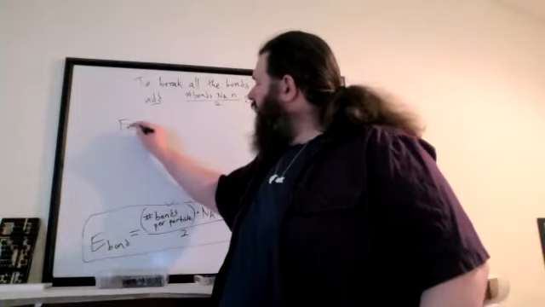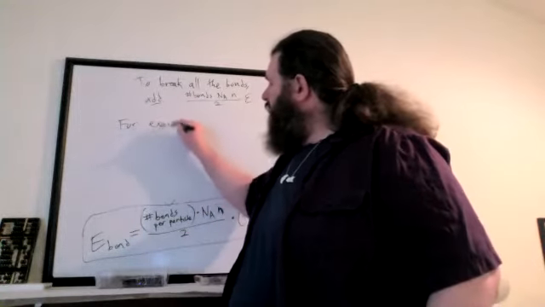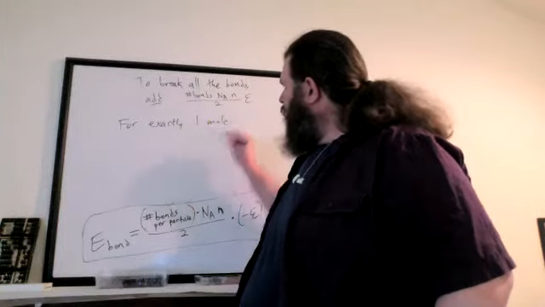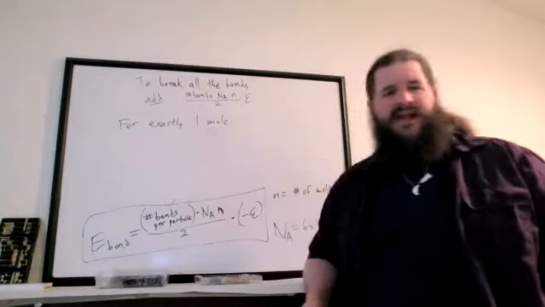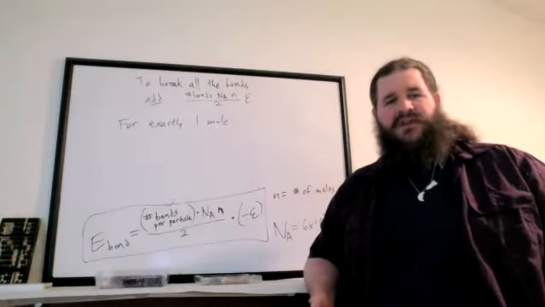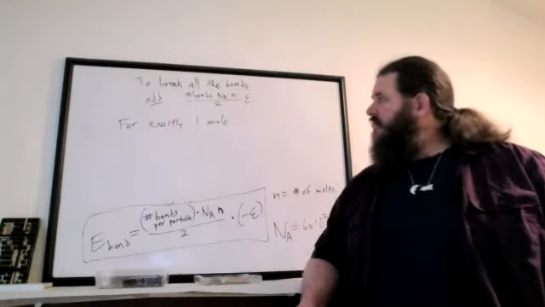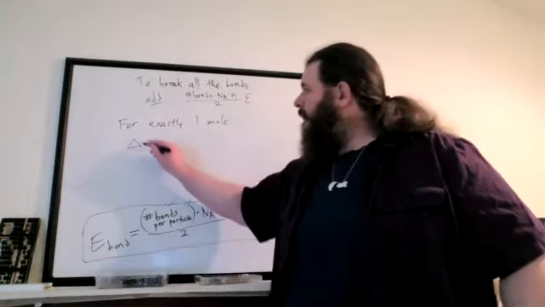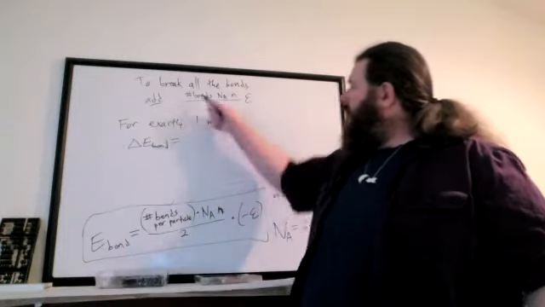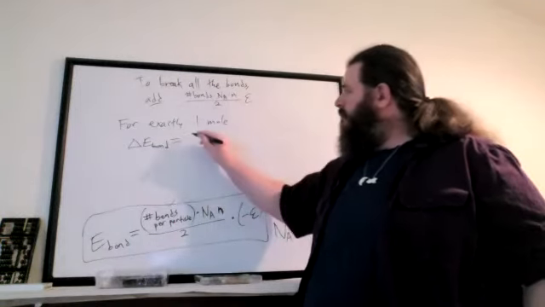So if we want to standardize this for exactly 1 mole, because this is really what delta H and heat capacity and stuff like this are all about, standardized to 1 unit of the substance. If we standardize this to exactly 1 mole, delta E bond to break all the bonds would be this, but with 1 for n.